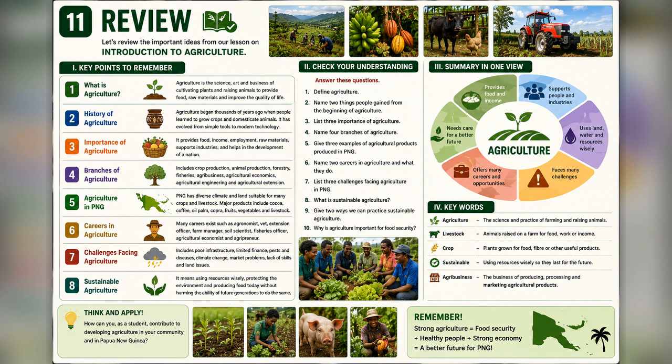Its main branches include crop production, animal production, forestry, fisheries, and agribusiness. Agriculture in Papua New Guinea supports families, communities, and the economy. Now try to answer the review questions and check your understanding.